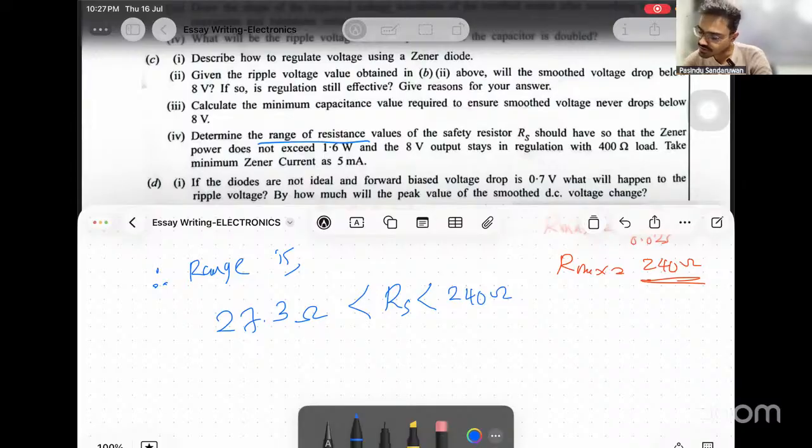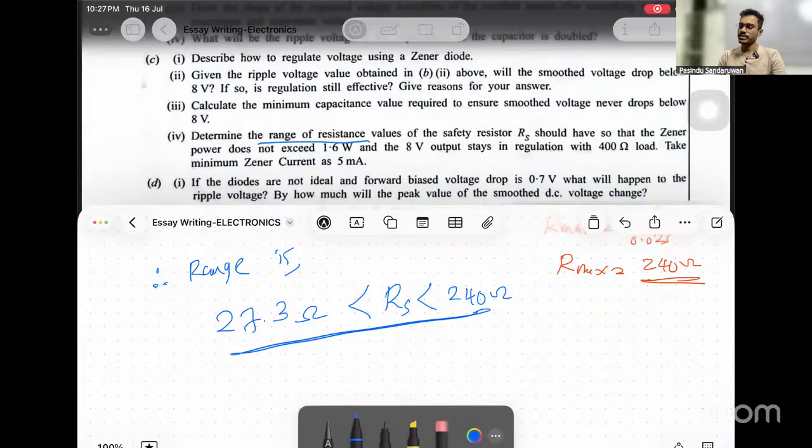This is the range, in between 27.3 and 240.